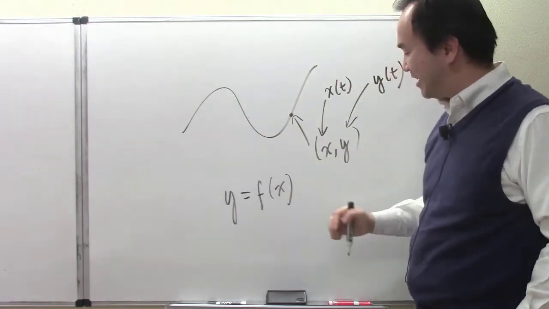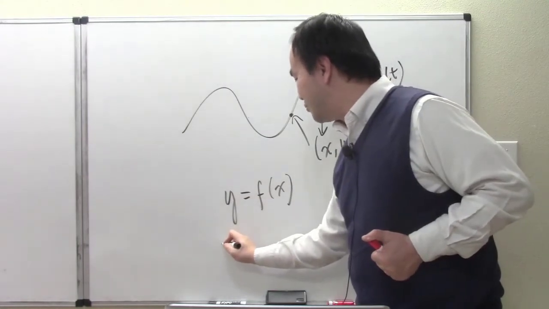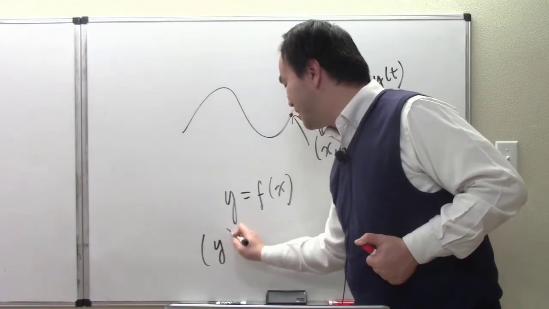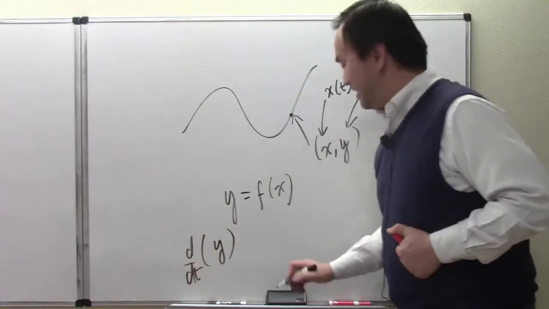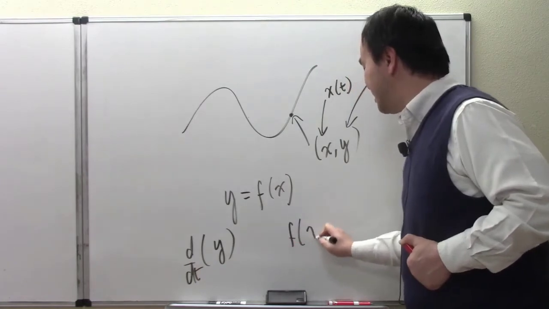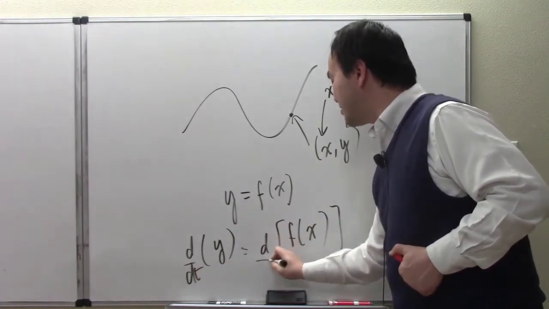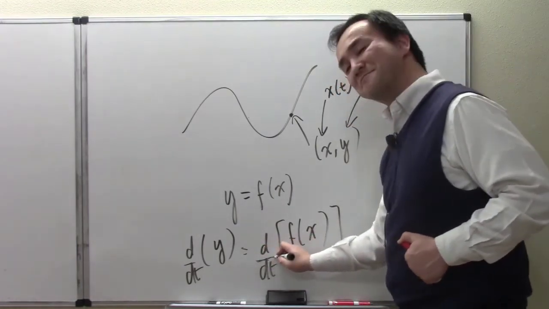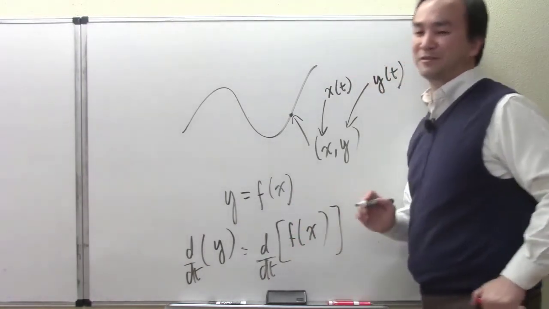Then this is what I can do. From where our y is a function of t, I am going to differentiate y in terms of t on the left hand side. And the right hand side, I am going to also differentiate in terms of t. Now take a moment and take a deep breath to recall where you have seen this concept.